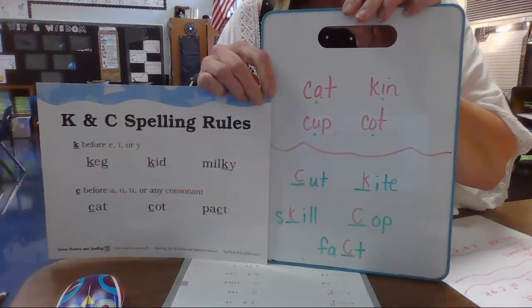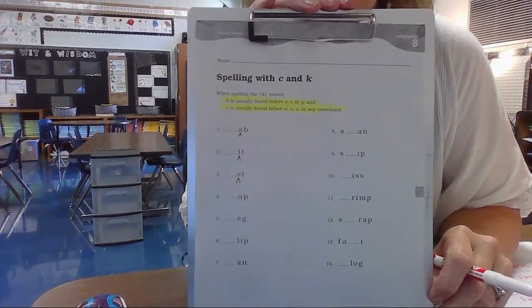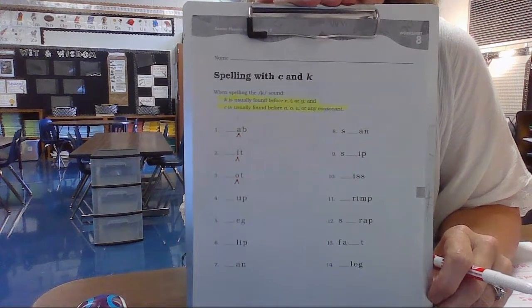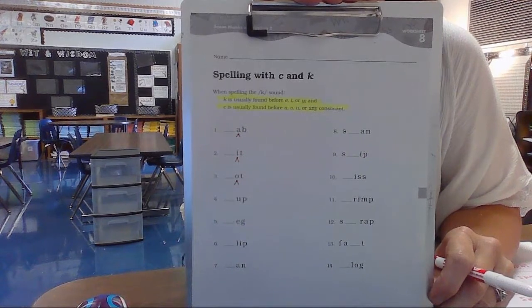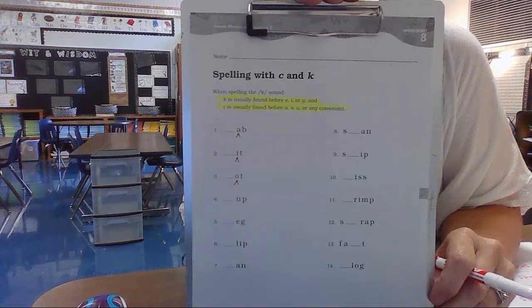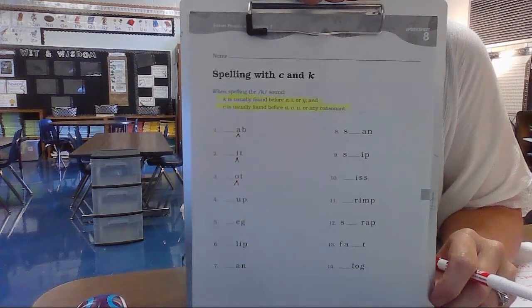Okay, I'll get mine ready as well. Here is worksheet 8. If you'll turn to the side that has "ab" as the first word, what we're supposed to do on this worksheet is fill in a C or a K to practice spelling and saying the words.